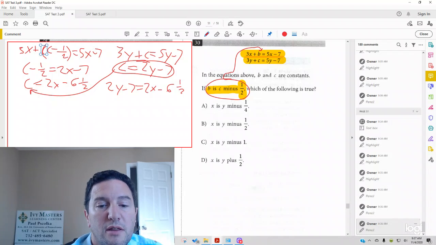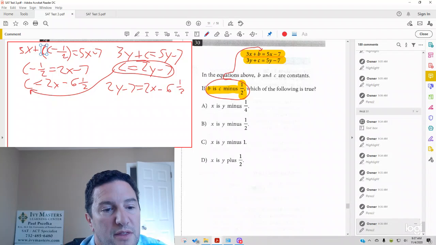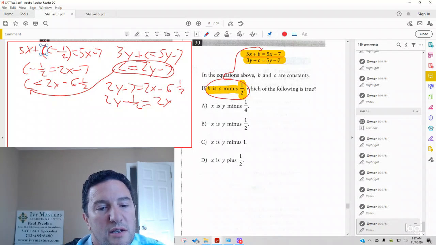Another thing to keep in mind is your answer choices. In your answer choices, x is isolated. So we want to get x isolated in each answer choice. So if I add 6 1/2 to both sides, then I get 2y minus 1/2 equals 2x. And in order to get the x alone in the equation, what I actually have to do is divide the equation by 2, but you've got a fraction in there.